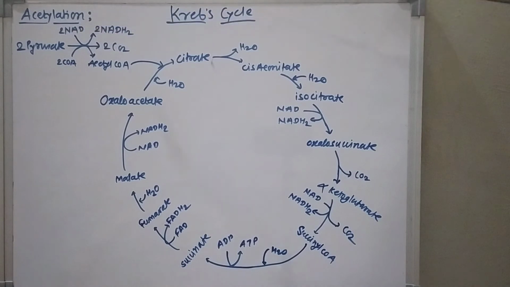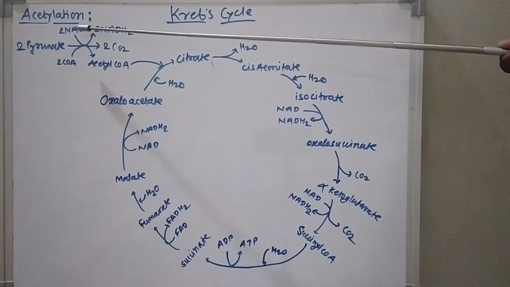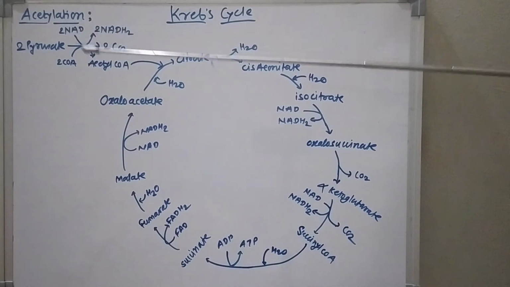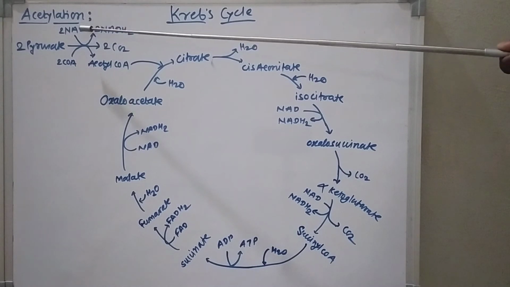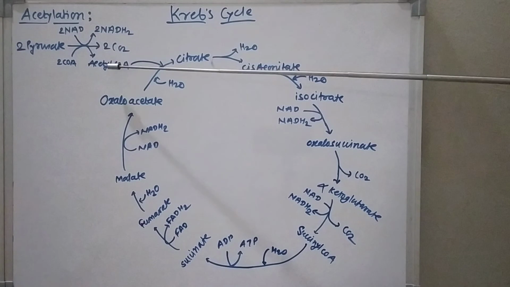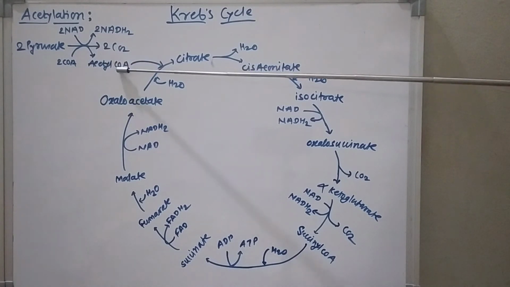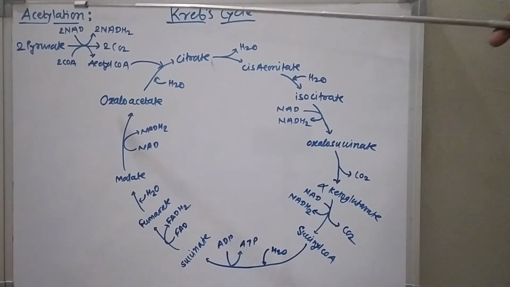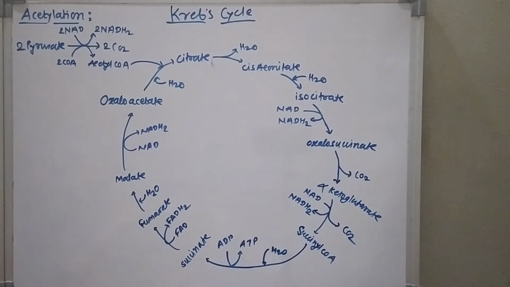The lost H2 is accepted by NAD to form NADH2. Due to loss of H2 and CO2, the pyruvate gets converted into acetyl coenzyme A, which is a 2-carbon compound. This process is called acetylation or link reaction, because it links glycolysis and the Krebs cycle.